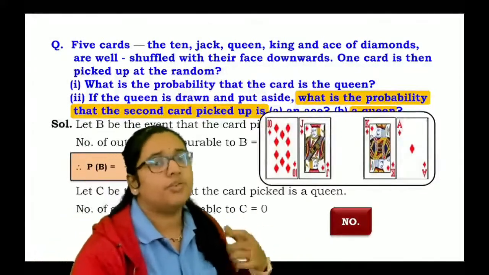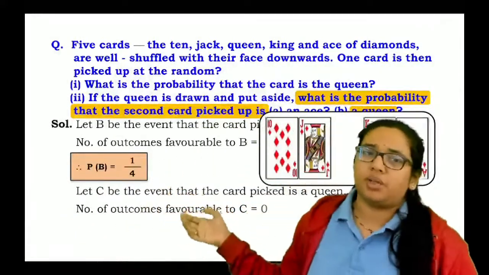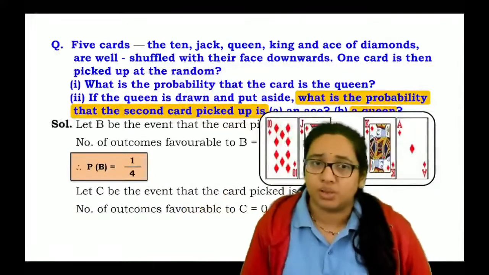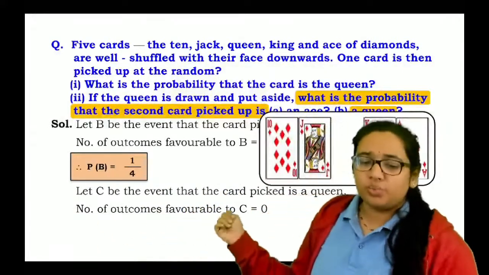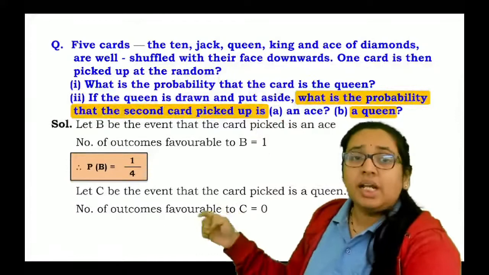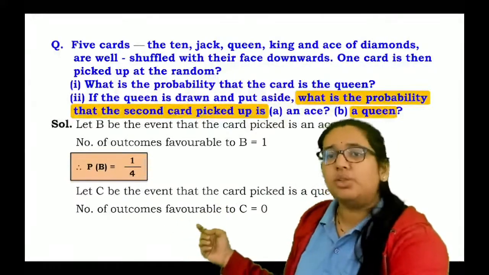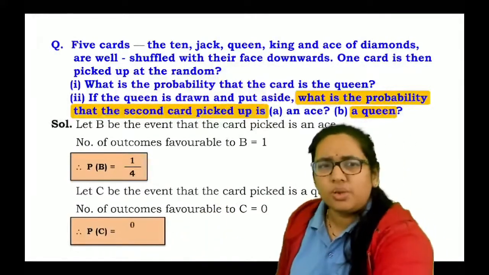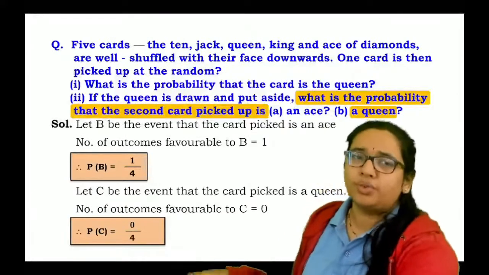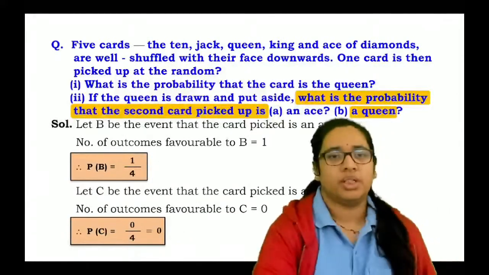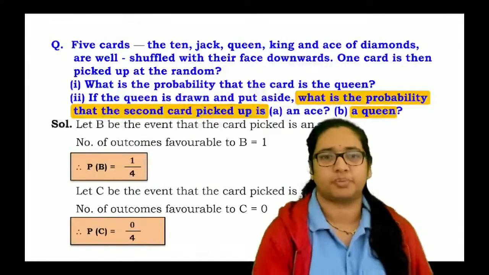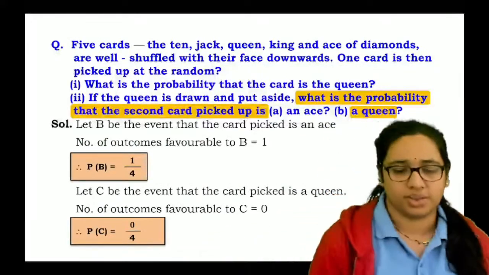It means that if you go for the favorable outcomes, there will be zero outcomes. Hence, the number of favorable outcomes will be zero here. As the number of favorable outcomes is zero, therefore its probability will be zero upon 4, which is nothing but zero. Getting this one? Here you have the answer.